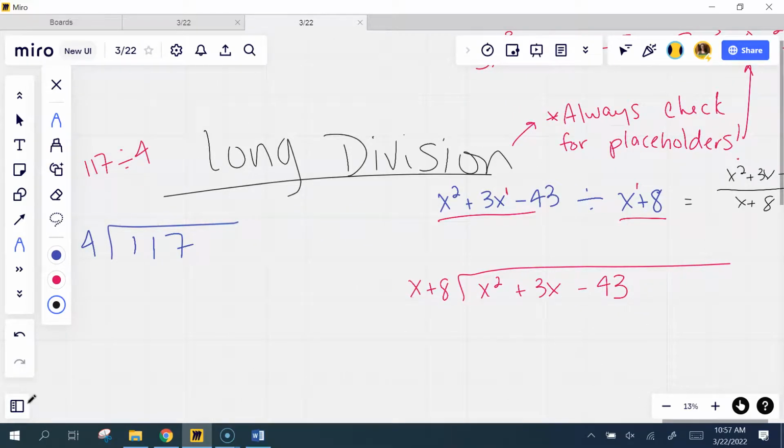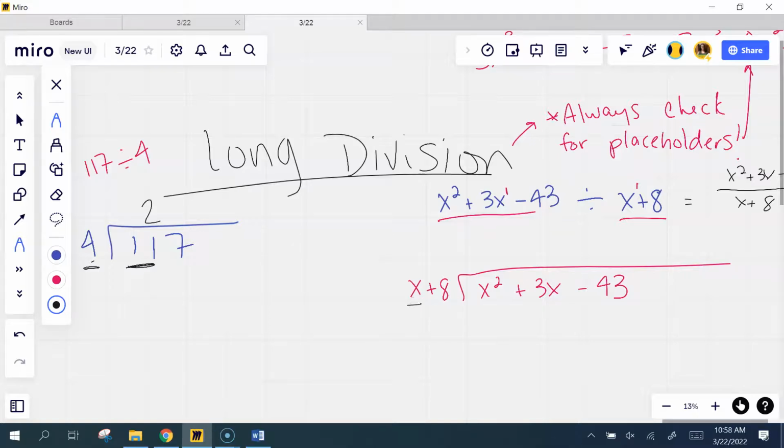All right, looking at this 4 into here, tell me what is the first step you do when you long divide that? You see how many times does 4 go into 11? Agreed? Everybody agreed? And where do you put that number? The top. So 4 goes into 11 2 times, and I put it right up top. All right, stop there. Come over to the polynomial.